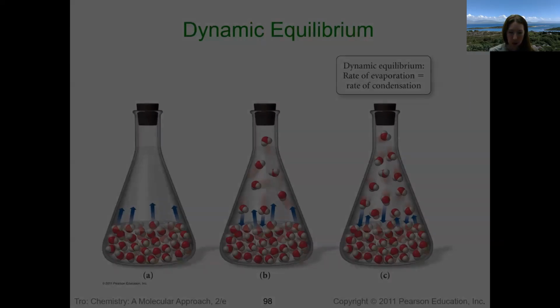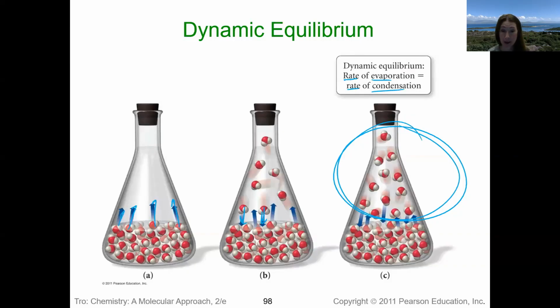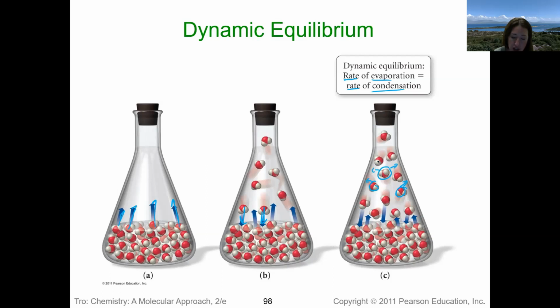So let me go back here. Vapor means gas, right? Pressure is just molecules hitting the side of a container. So these molecules are hitting the side of this container. That is what pressure is. More molecules hitting the side of the container, higher pressure.